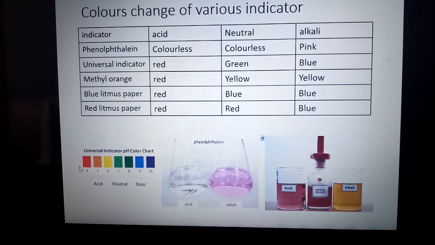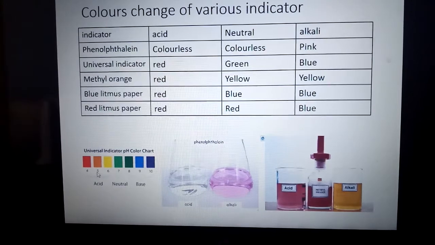For universal indicator, we have the universal indicator pH color chart. The shape is just like pH paper, cuma dia lagi banyak colors. So this one lagi senang untuk kita detect the value of pH. Either it is weak acid, weak alkaline, strong acid, or strong alkaline based on the pH value.